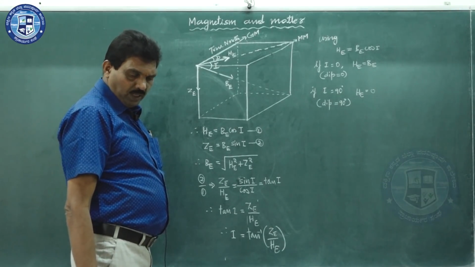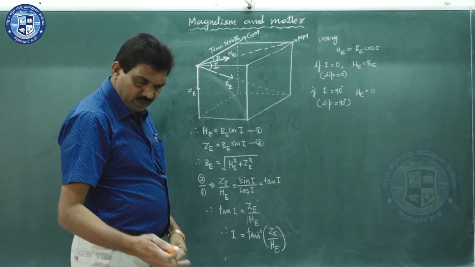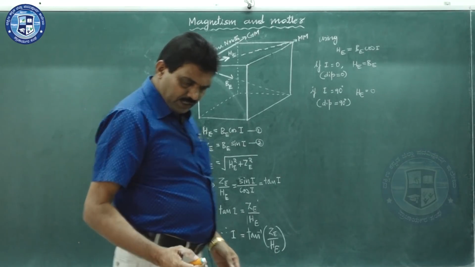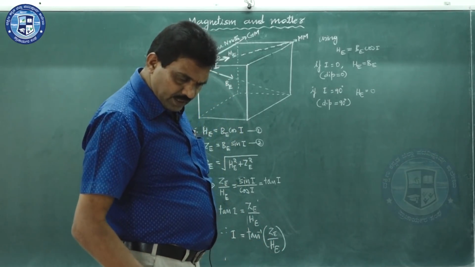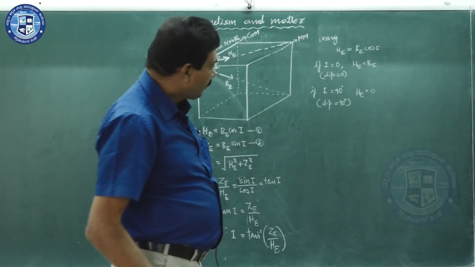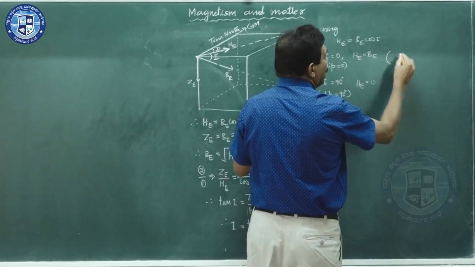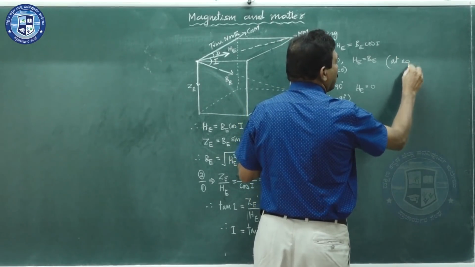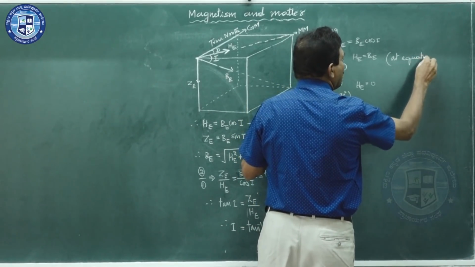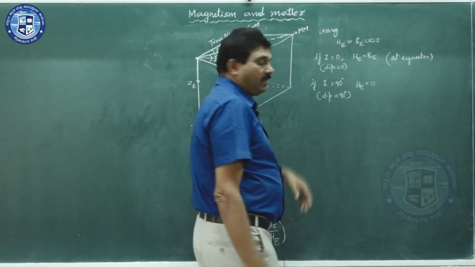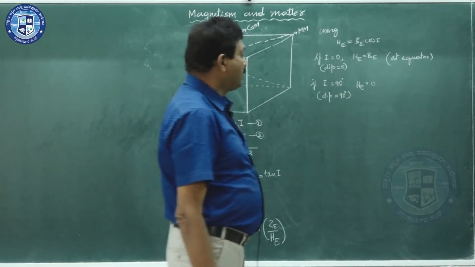So, what you can conclude from this? If I is equal to 0, it is maximum, that is, I is equal to 0 means it is at the equator. So, at the equator, you can say dip is 0.